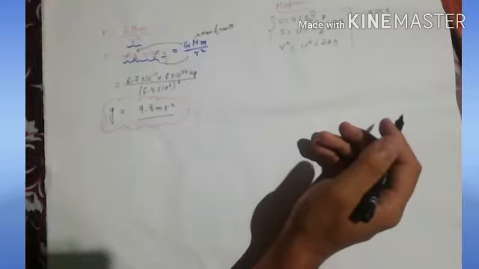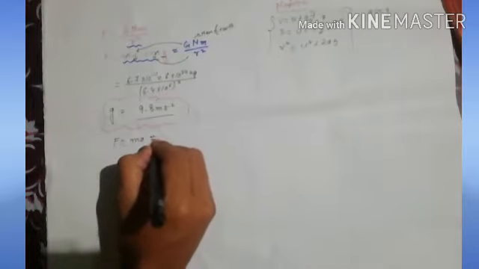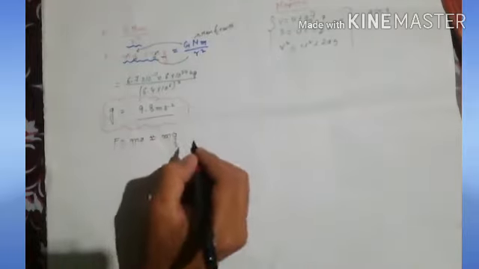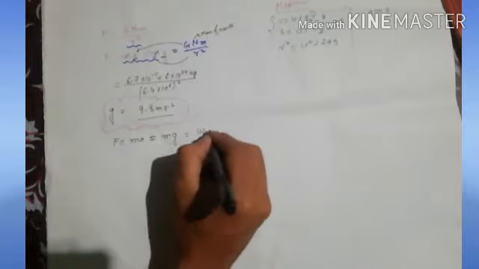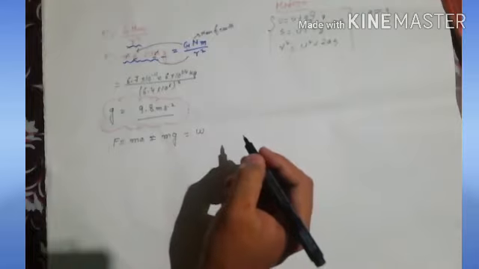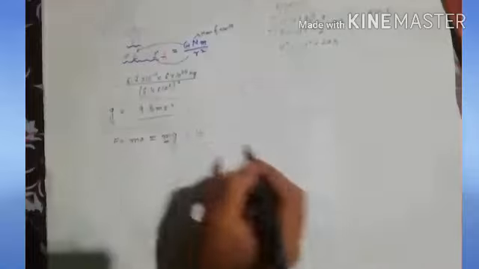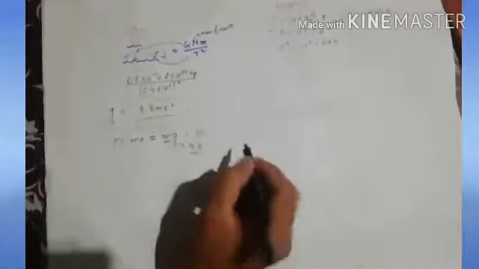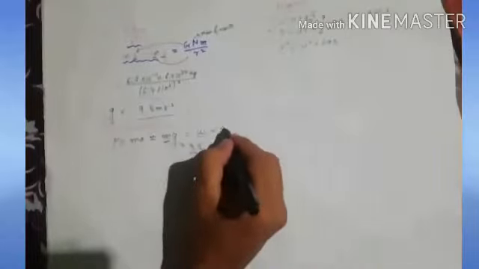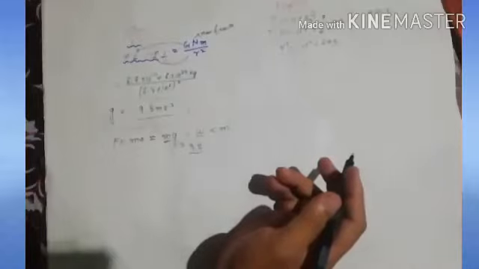Force F equals mass into acceleration, which is mass into acceleration due to gravity, mg, and this force is known as W, the weight of any object on earth. From here we learn that W is directly proportional to m, as g is always 9.8.